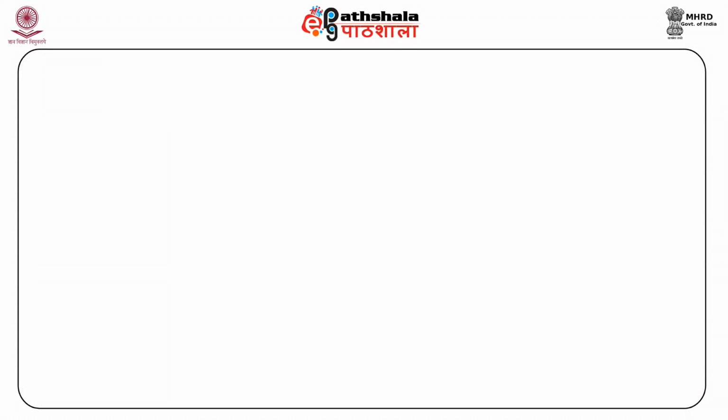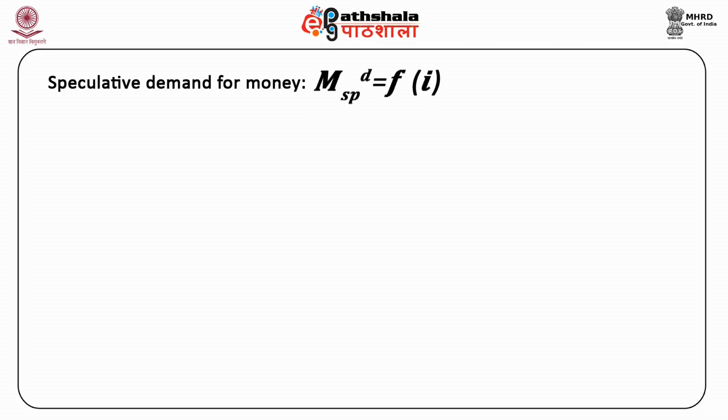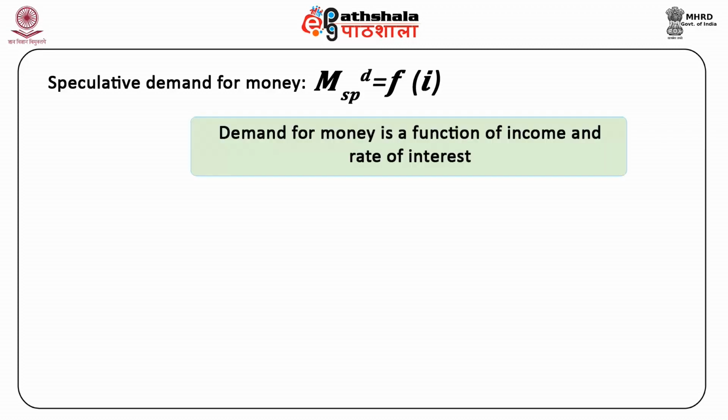The equation for speculative demand for money can be expressed as speculative demand for money equals a function of the rate of interest. Considering all three motives of money demand discussed above, the demand for money is a function of income and rate of interest.